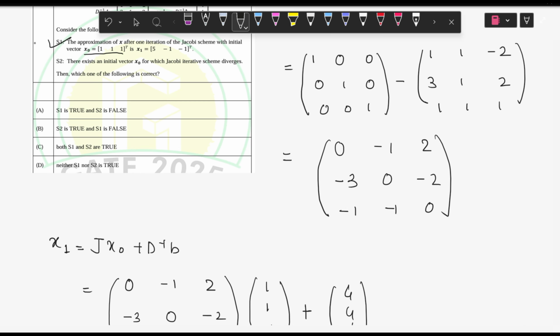So let's discuss statement 2. S2 is saying that there exists an initial vector x0 for which the Jacobi iterative scheme diverges.